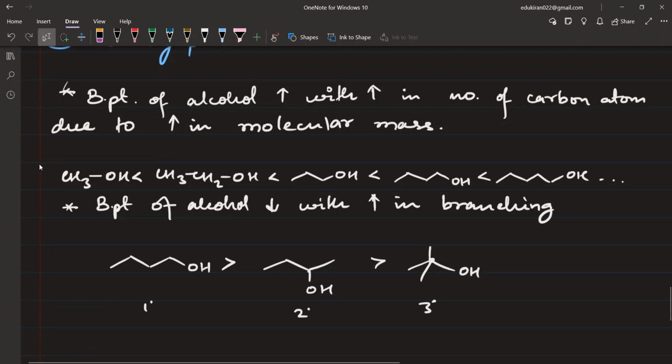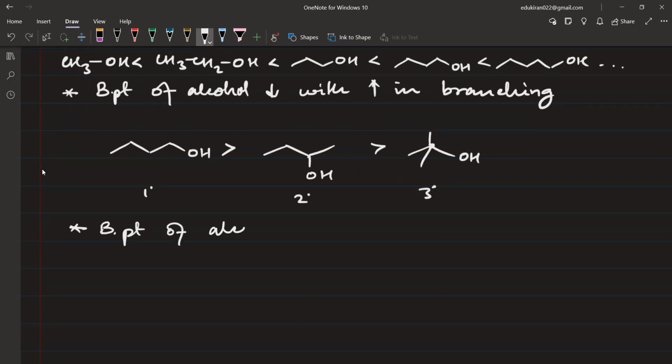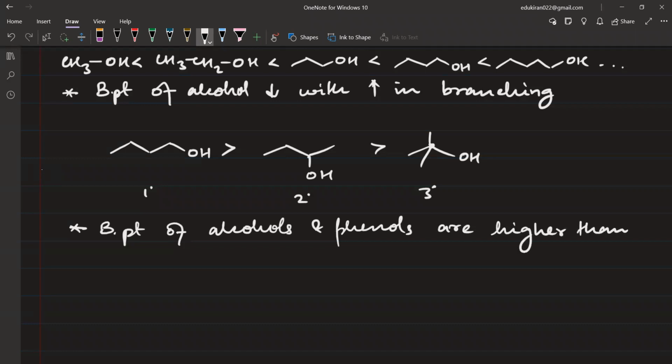Now let us compare alcohol with different classes of organic compounds. So for that, you will write the next point. Please write this with me. Boiling point of alcohols and phenols are higher than hydrocarbons.